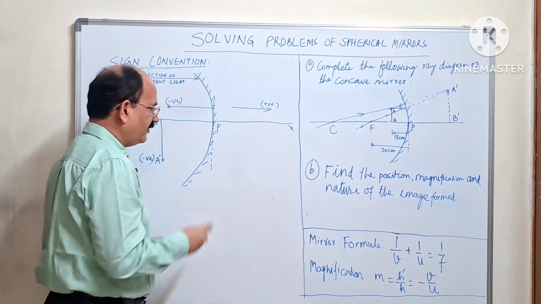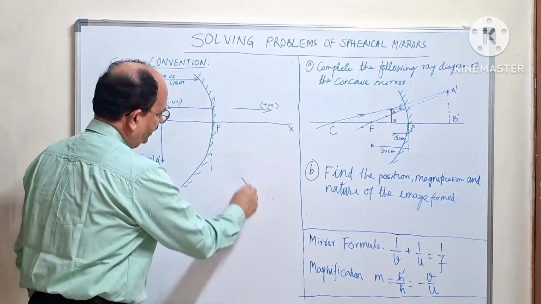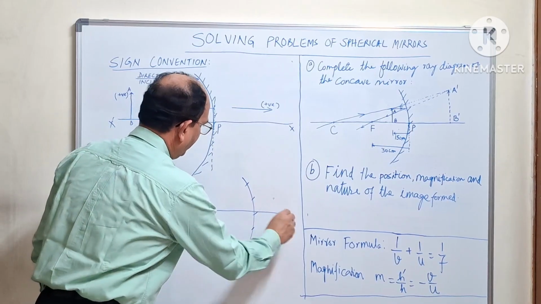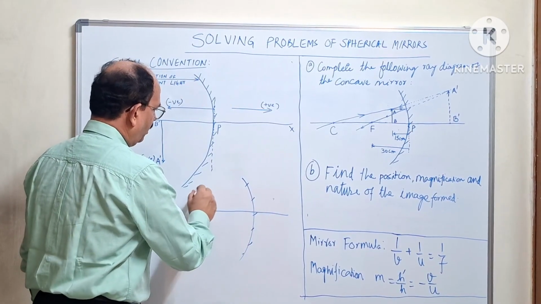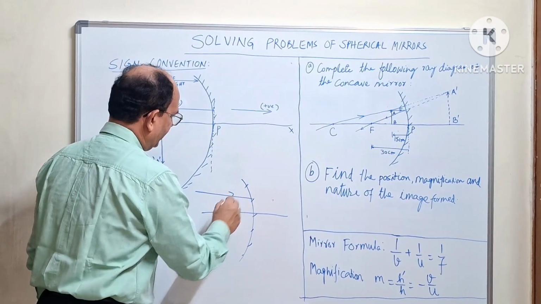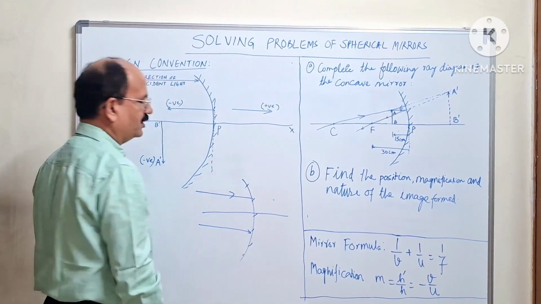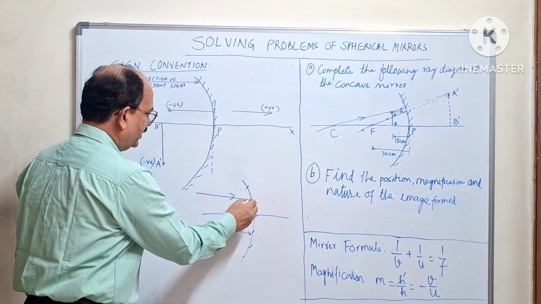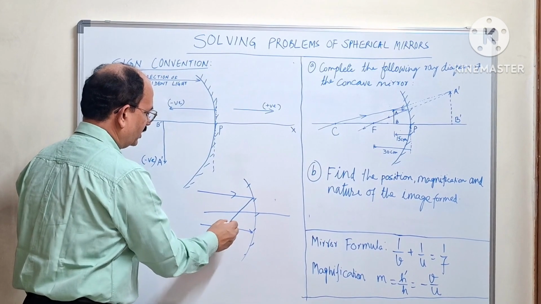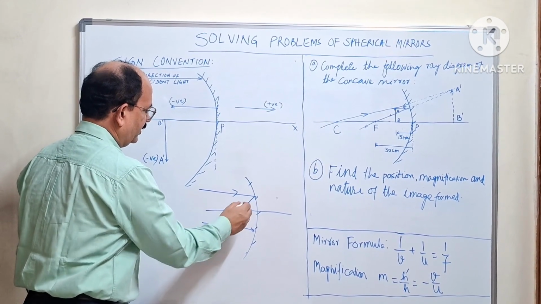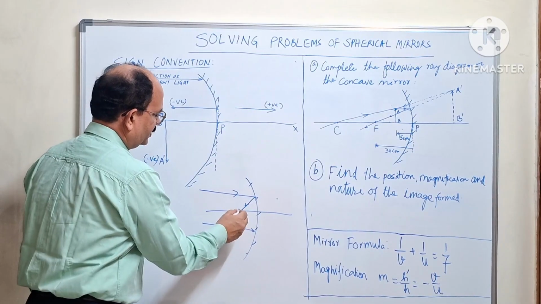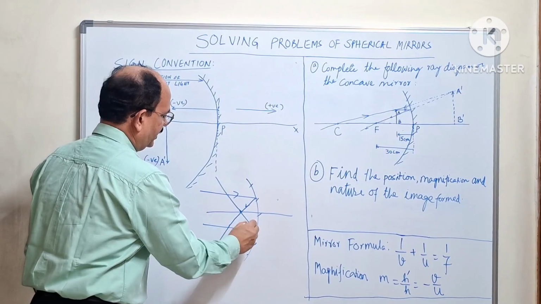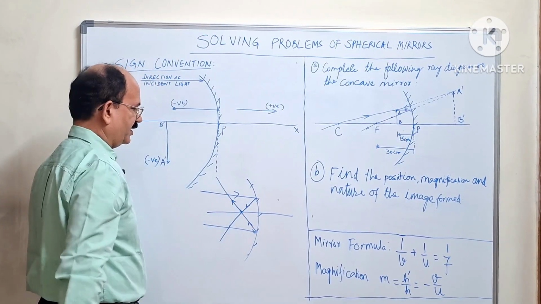And why will it be negative? Let's look at it quickly. Suppose this is a concave mirror, and you are sending parallel rays to the concave mirror, then these rays will get reflected and they will hit the focus. Likewise, this will be hitting the focus, and this will be the direction of the reflected ray.